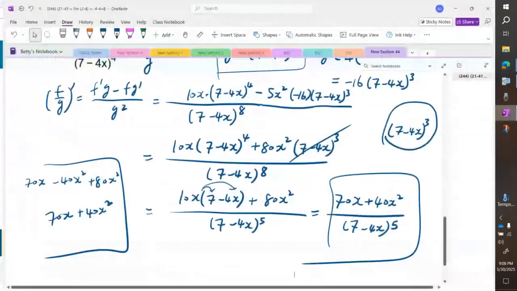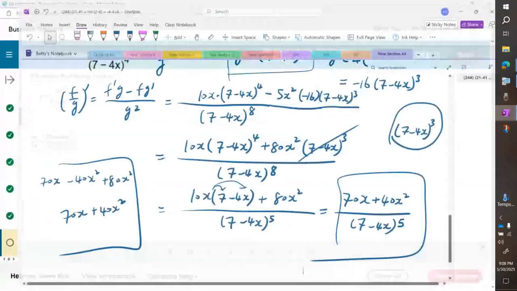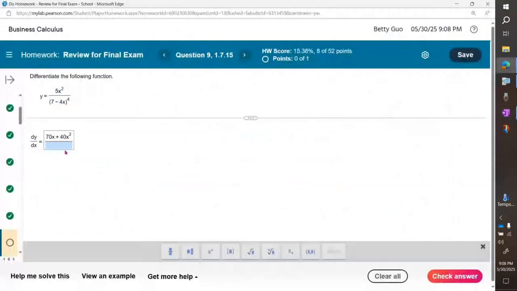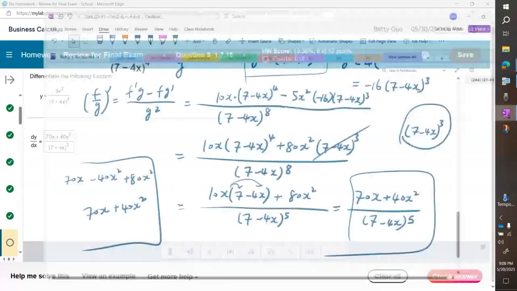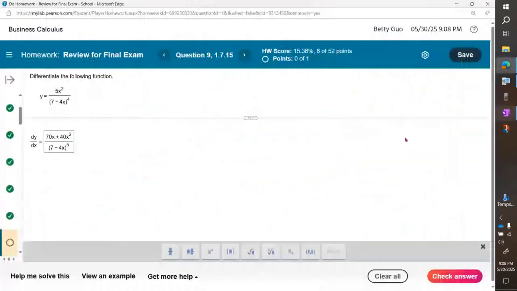Denominator (7 minus 4x), parentheses, raised to the power of 5. We double check the denominator. (7 minus 4x) to the power of 5. Okay.